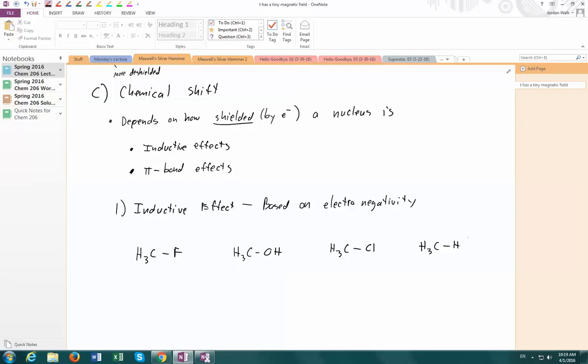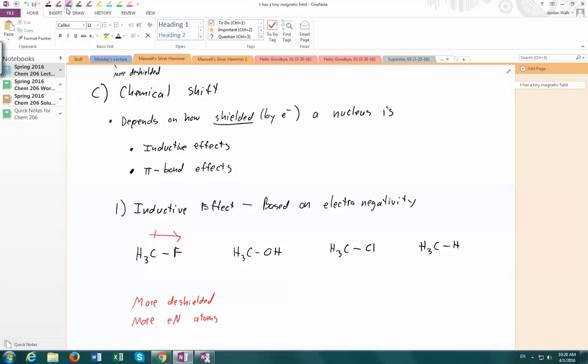On the left, right? Because we know we've got a strong dipole pulling in that direction. So that fluorine is sucking that electron density this way, which leaves those protons on that molecule pretty de-shielded, and about as de-shielded as it's going to get just from an inductive effect. And so what we end up seeing is that on the left side we are more de-shielded, and that ultimately results from more electronegative atoms attached.